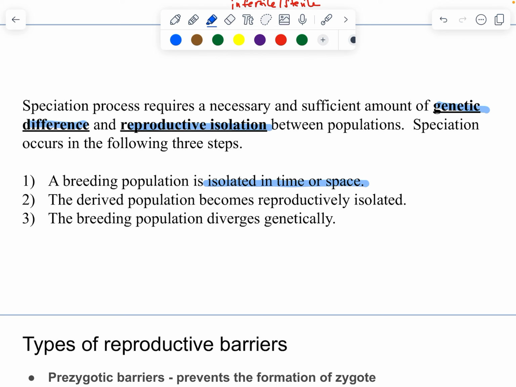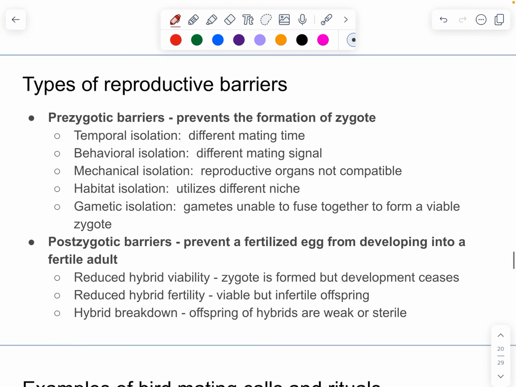Then the derived population becomes reproductively isolated. They no longer breed with one another. Then finally, the population diverges genetically, meaning they accumulate enough genetic differences, which renders them unable to breed with one another, even when the 2 individuals are brought together in the same time and the same space.